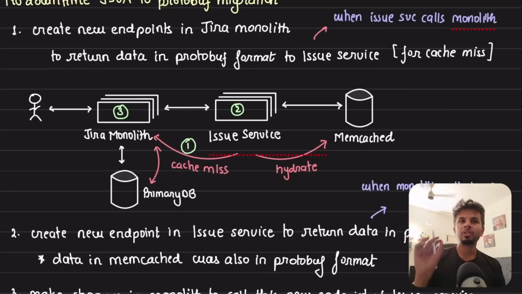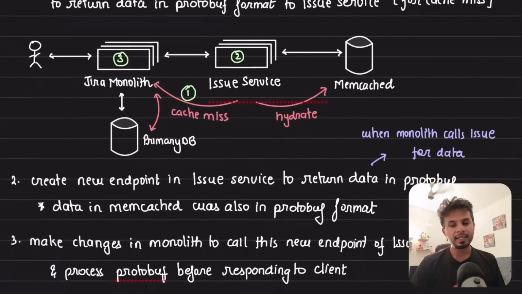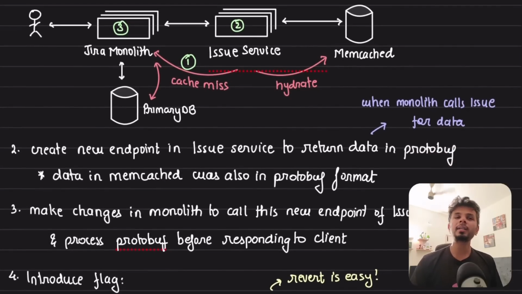Right? So for step number 1, you create an endpoint in Jira monolith to return the data in Protobuf format to issue service. That's one. Issue service then starts consuming it. Second step is you create a new endpoint in issue service that can be leveraged by monolith calls.